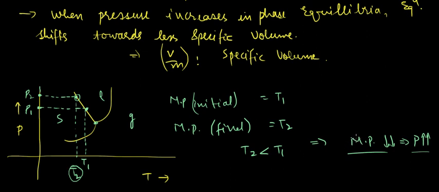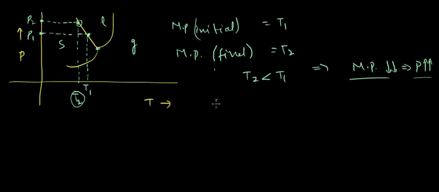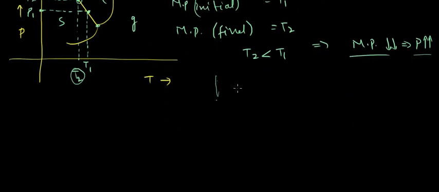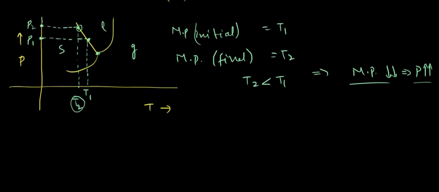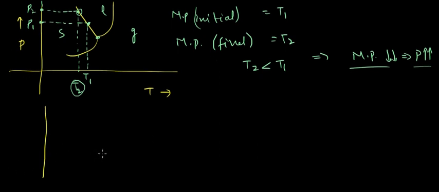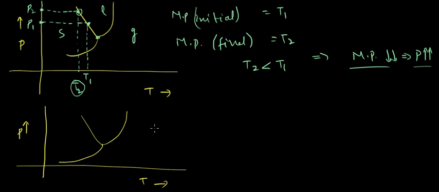And what about the boiling point? If we talk about the boiling point, via the same graph, this is pressure, this is temperature. Initially let's say we were at P1 pressure and T1 temperature. Now we increase the pressure to, let's say, P2.